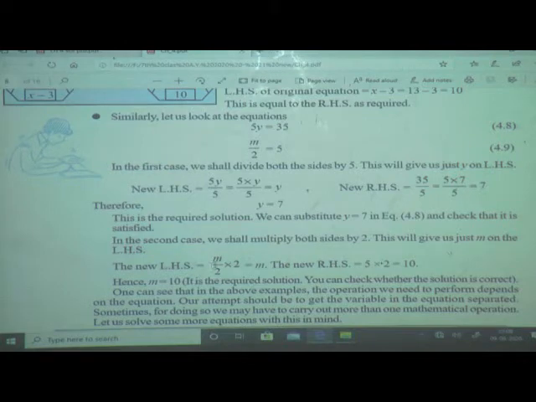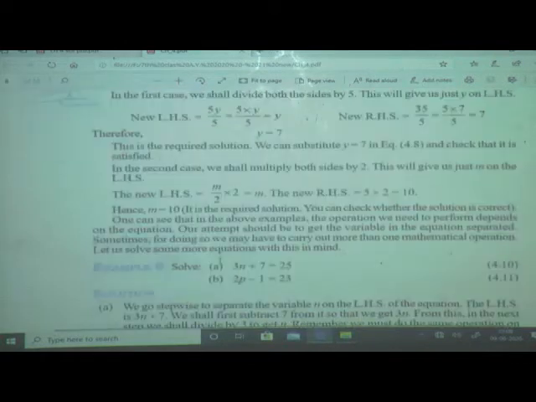So m upon 2 multiplied by 2: we multiply by 2 because we want m written separately. So we can cancel 2 and 2, and we get m.